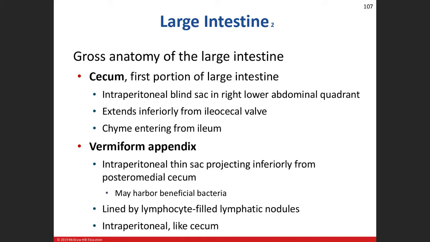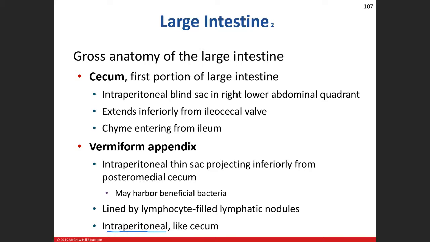If something occurs with that bacteria and it turns into what we call an opportunistic organism, then we can get appendicitis, and that's a problem. Both of these structures are going to be intraperitoneal. After this, we're going to start alternating parts of the large intestine from intraperitoneal to retroperitoneal.